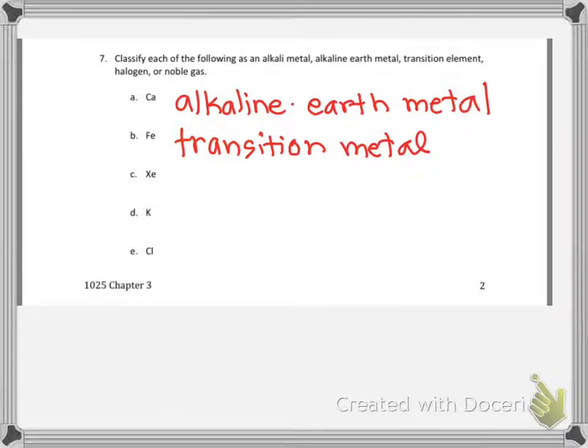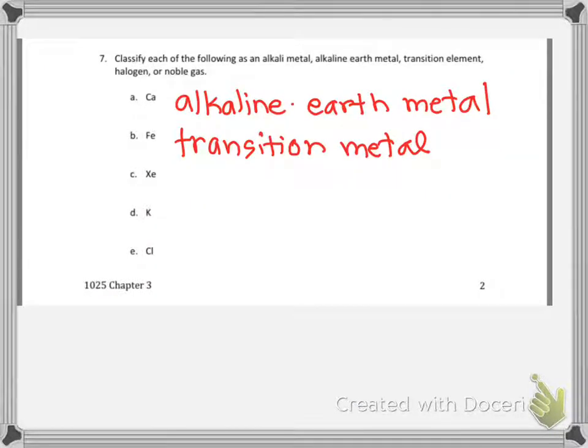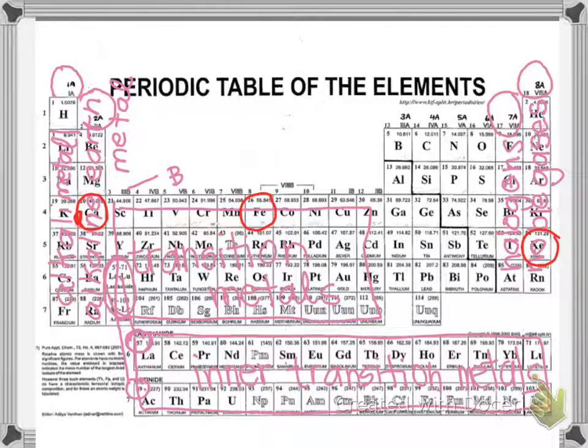Letter C is Xe, or xenon. And Xe, although it's hard to see here, but if you have a periodic table next to you, is right there, and it falls in the noble gases. Letter D, K, potassium. Potassium is right next to calcium.